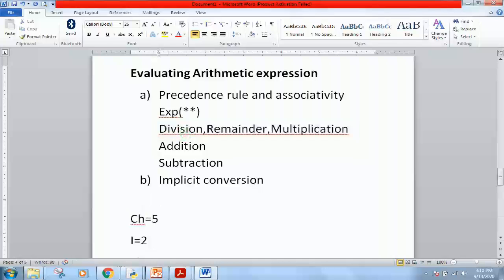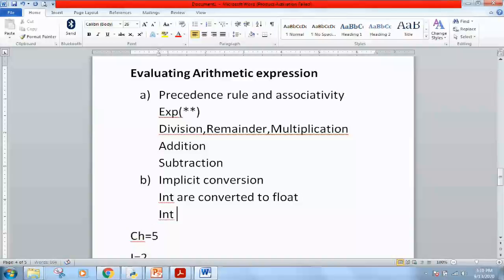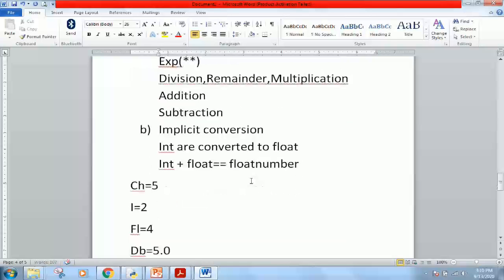Implicit conversion, I already told you, means integers are converted to float whenever we have one integer and one float; the answer will always be a floating number. This is the thing which we are going to learn.